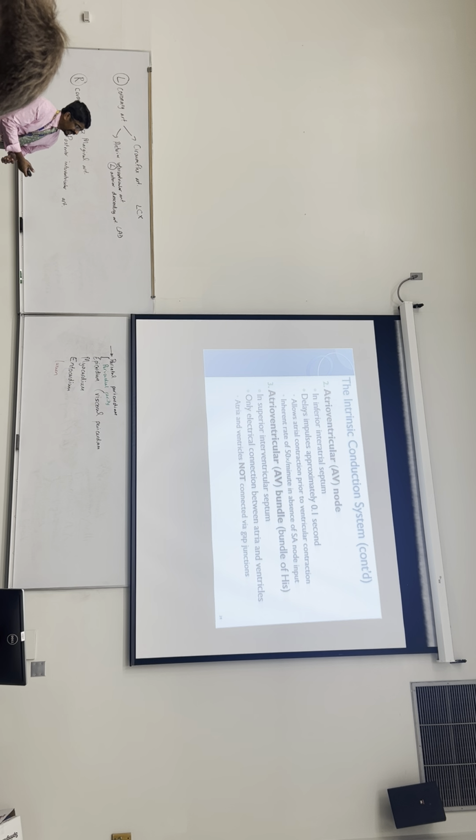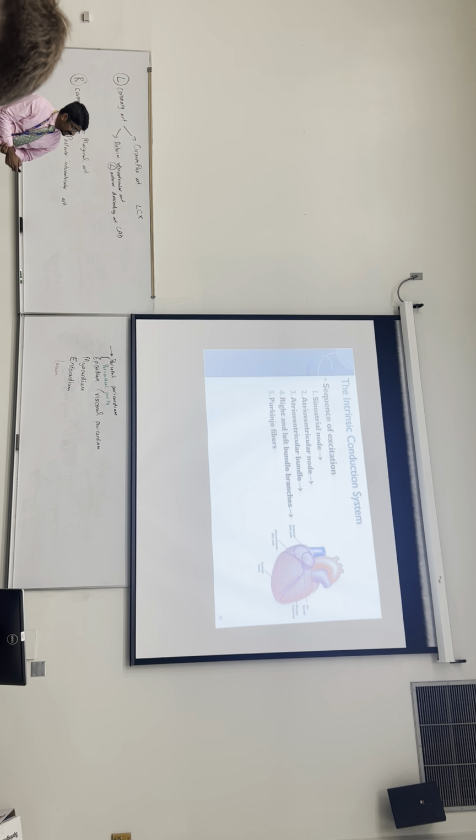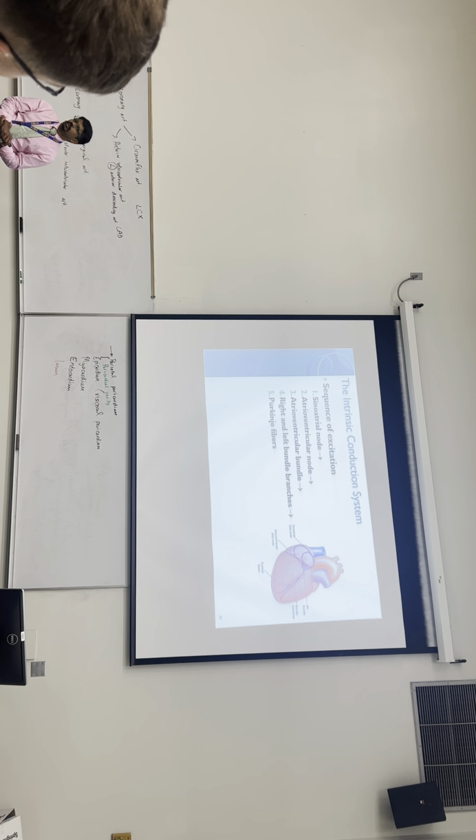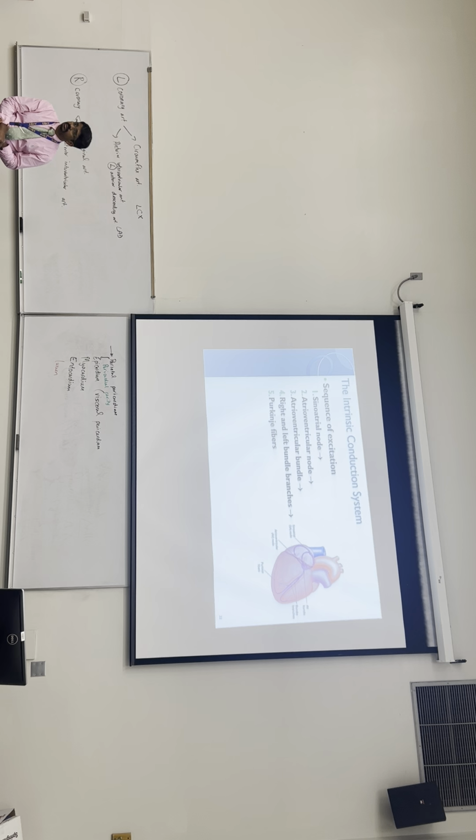Then the AV bundle, let me go back to this image, that's connecting the atria to the ventricles. And that's the only connection between the atria and the ventricles. Right? Why is that important? Electrical connection between the atria and ventricles.